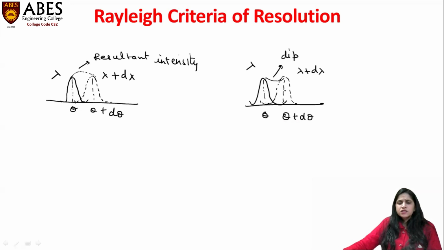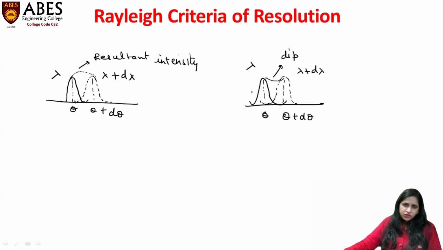If we are able to see this slight dip in the resultant intensity, this indicates that the condition is said to be just resolved. What Rayleigh said is that the two point sources or spectral lines will be just resolved when the central maxima of one coincides with, or falls exactly on, the first minima of the other, and similarly vice versa.